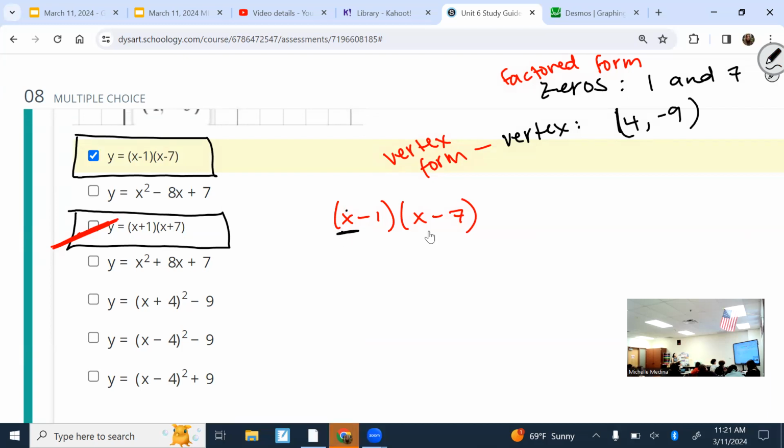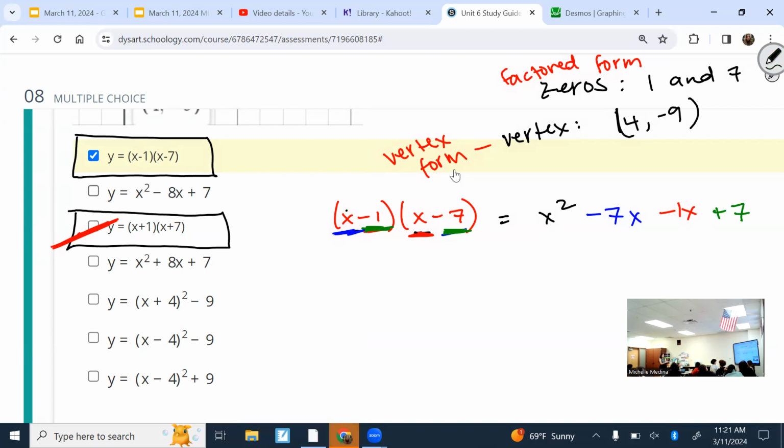So you would multiply your first: what's x times x? You multiply your outer: what's x times -7? Multiply your inner, -1 times x, what's that? And then multiply your last in each parentheses: -1 times -7 is what?